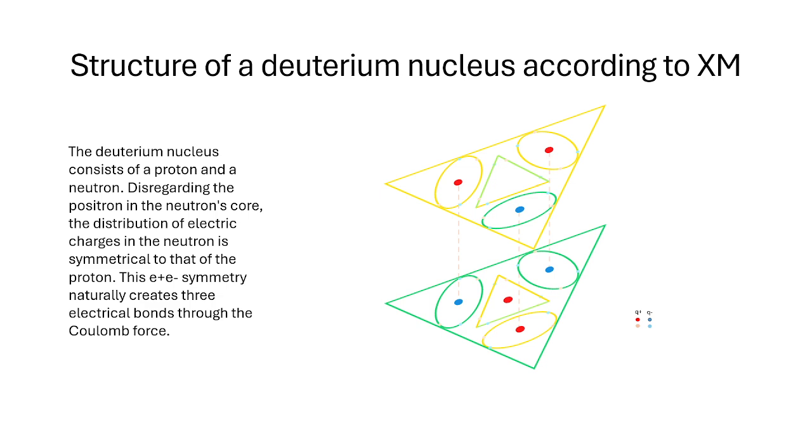Disregarding the position in the neutron's core, the distribution of electric charge in the neutron is symmetrical to that of the proton. This E plus E minus symmetry naturally creates three electrical bonds through the Coulomb force.